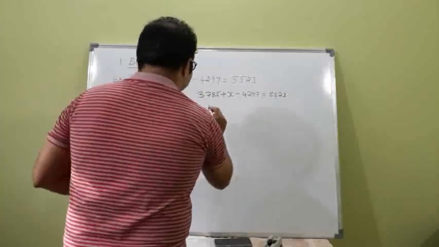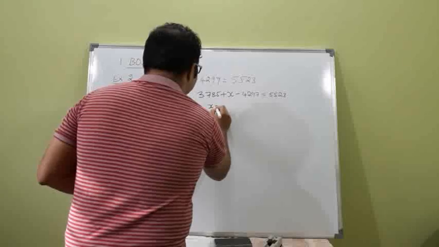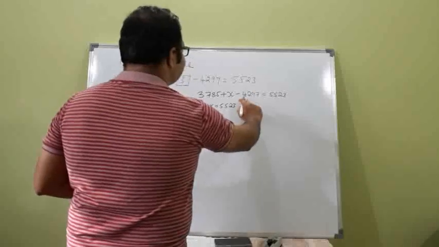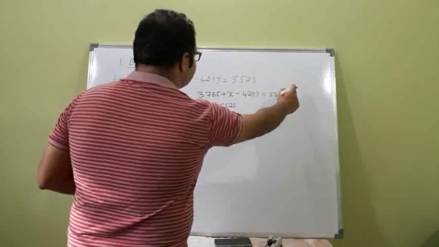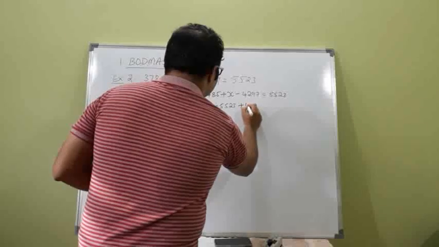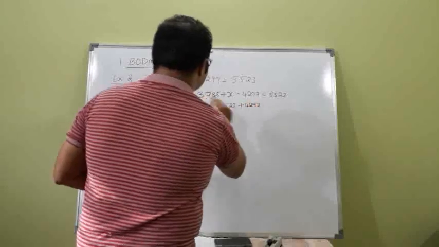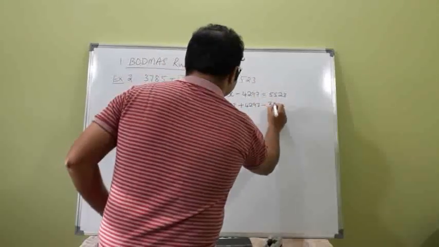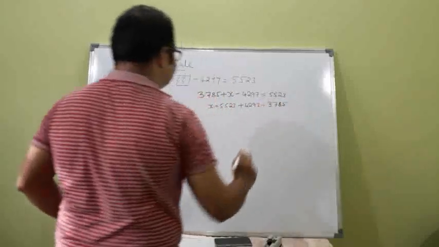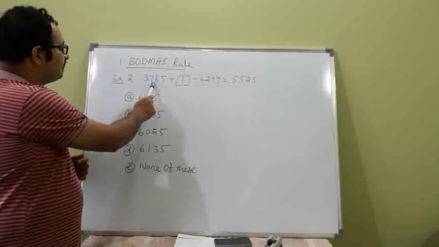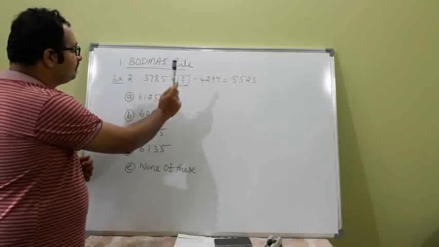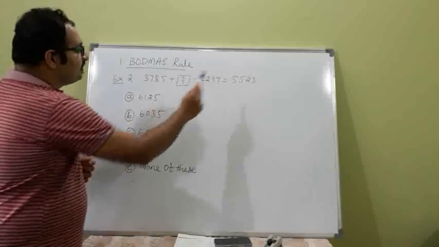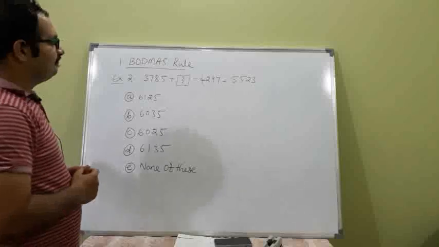LHS and RHS. Keep x here only. 5523, this minus 4297 becomes, when it shifts to here, plus 4297. 3785 becomes minus when LHS comes into RHS. 3785 plus x, we need to find the value, minus 4297 is equal to 5523.